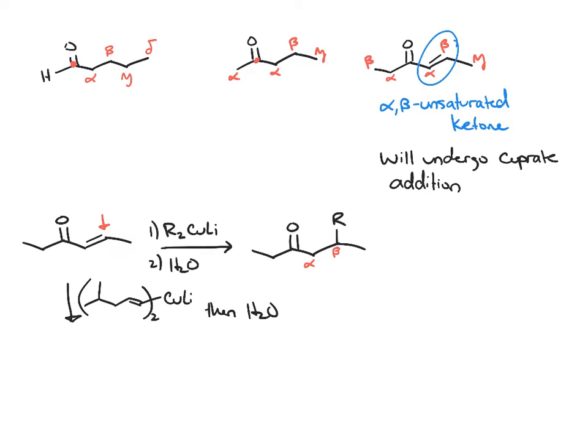All you're going to do is put this great big R group attached to that beta position. So redraw that molecule without the double bond.